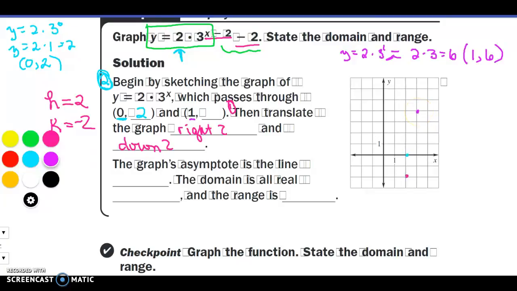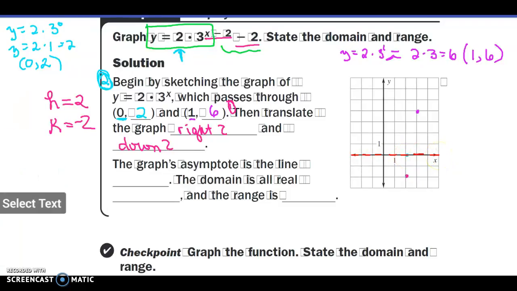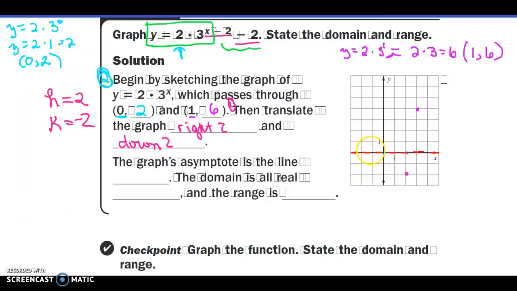Okay, the next thing I'm going to do is draw my asymptote. I want to make sure that I have that drawn before I try to draw my actual graph. So I want you to think about this. On our parent function graph, we had an asymptote at the horizontal axis, at the x-axis. But when we marked h and k, we said, hey, this graph has been shifted left and right, and it's also been shifted down.